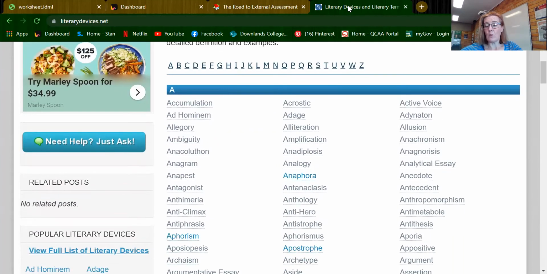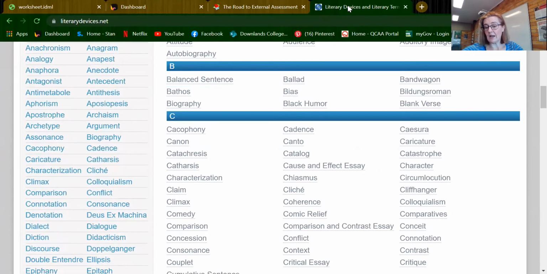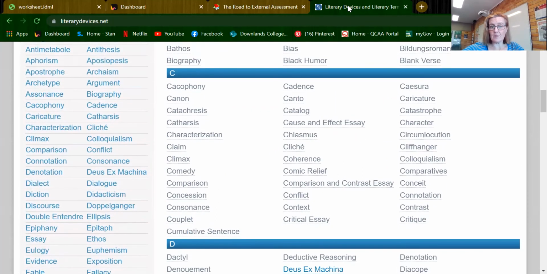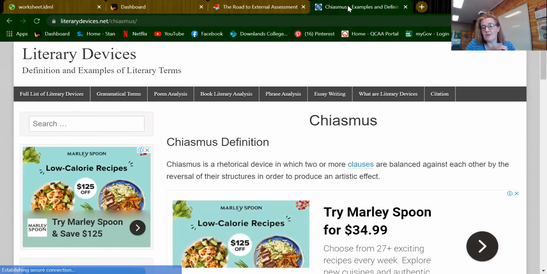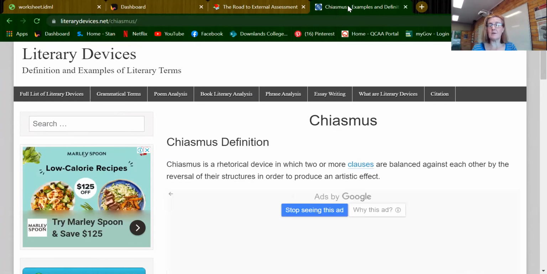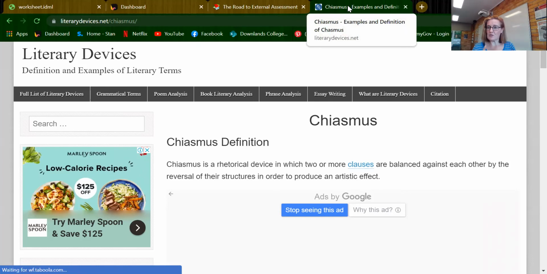Okay, so one that I might straight away make reference to is this one. All right, chiasmus. So chiasmus, as we may have already identified in previous tutorials, is a rhetorical device where two or more clauses are balanced against each other.